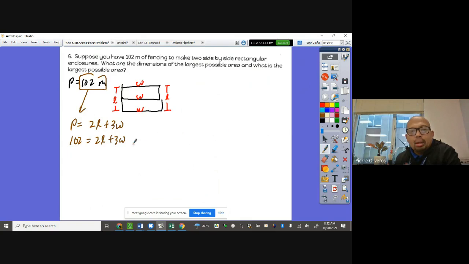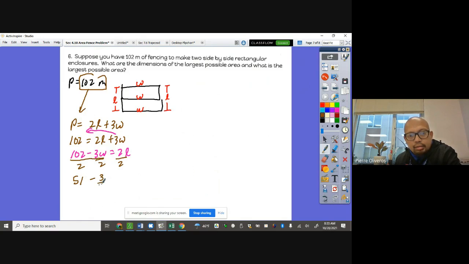Which one do you want to solve, L or W? L. So I'm going to move the 3W there. This will become 102 minus 3W equals 2L. Divide everything here by 2. That will give us what? 51, right?